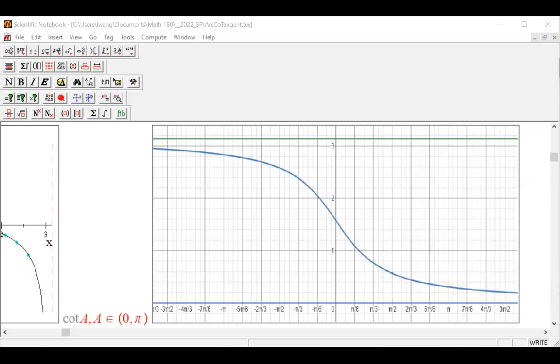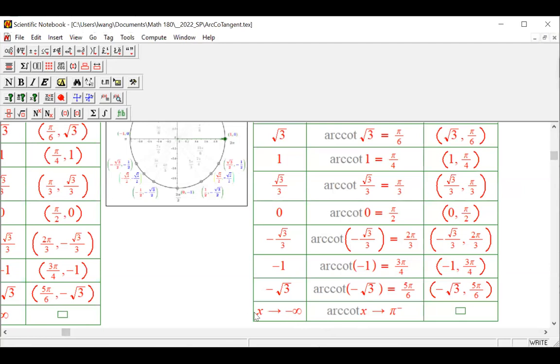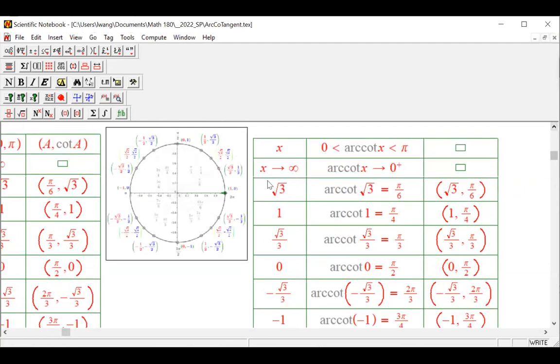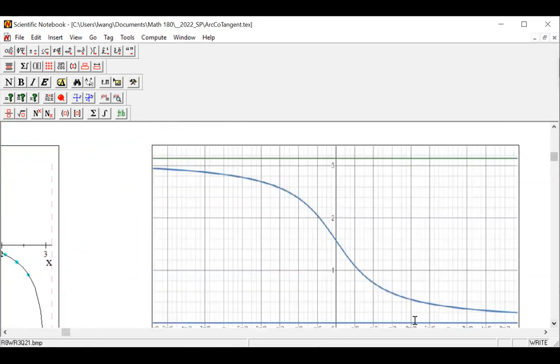Let's go back to that screen, what I just said. These are the two ends. In this direction, this corner tells us that as x approaches infinity, arc cotangent approaches 0 from larger than 0. That's this corner.